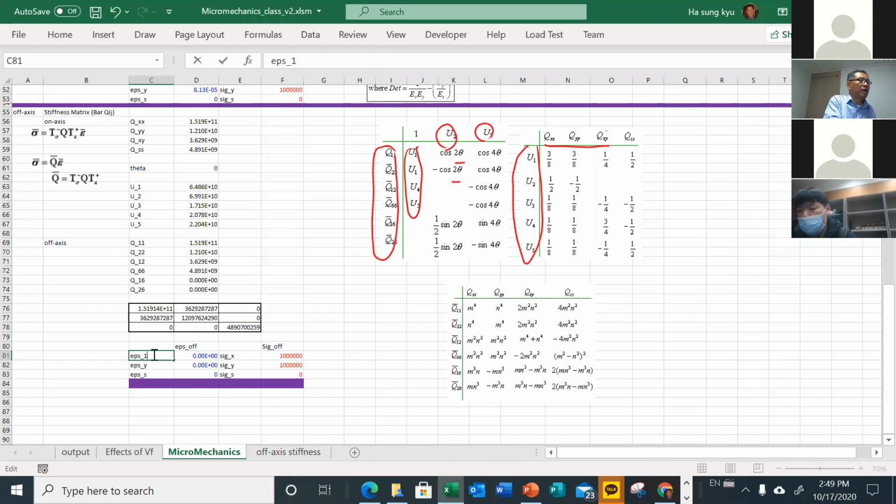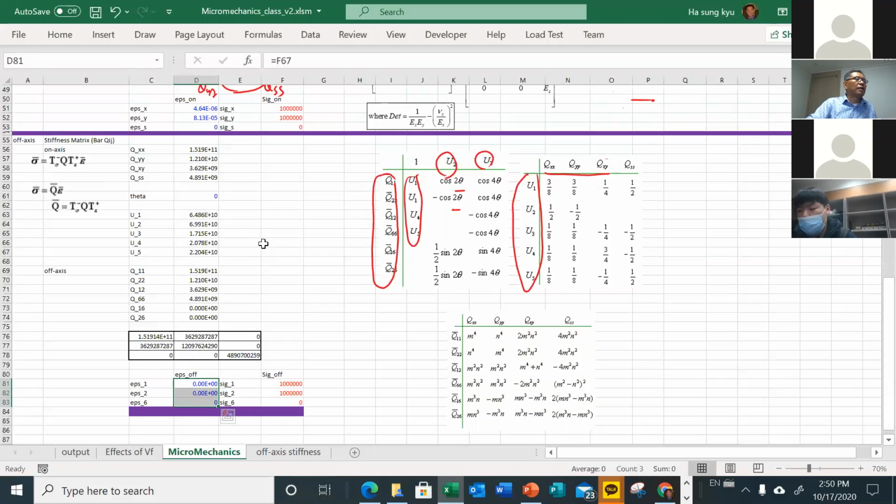The epsilon 1, 2, and 6 indicate the on-axis strain, and sigma 1, 2, and 6 simply indicate the on-axis stress. And here is the strain, and this can be any strain. Basically, this is given.